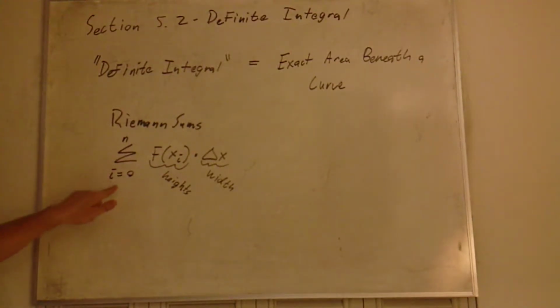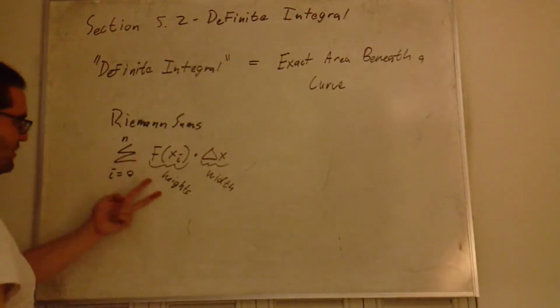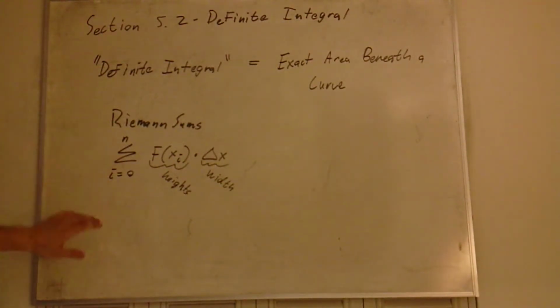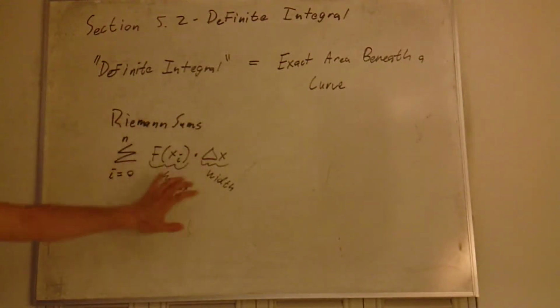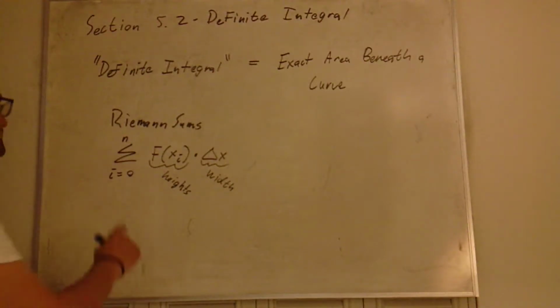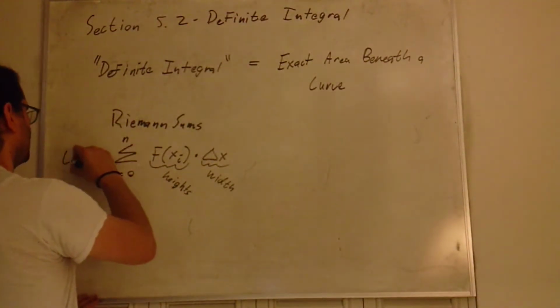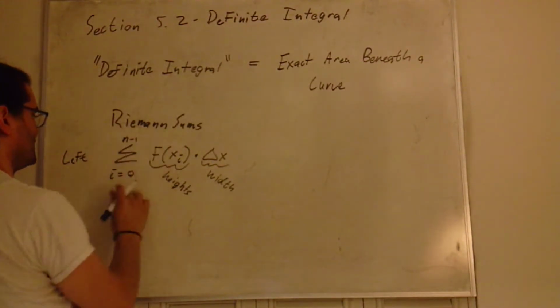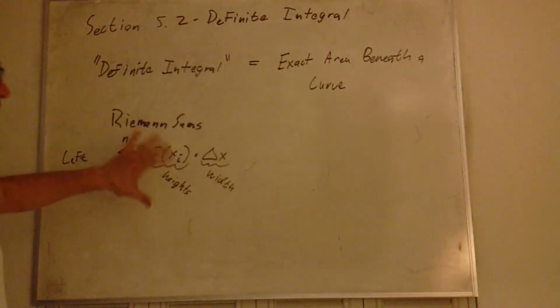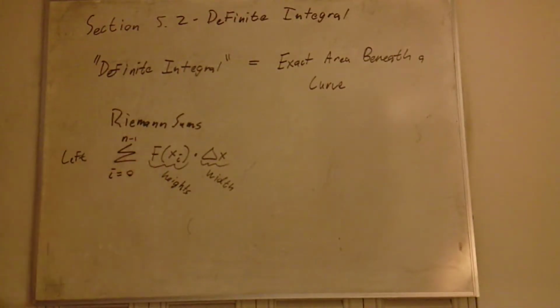So you do it when x is 0, and you do it when x is 1, and when x is 2, and 3, and 4. So this is the super fancy way of writing our Riemann sum. I guess the left sum would go from 0 to n minus 1, and the right sum would go from 1 to n. But approximately, this was how we did our Riemann sums.